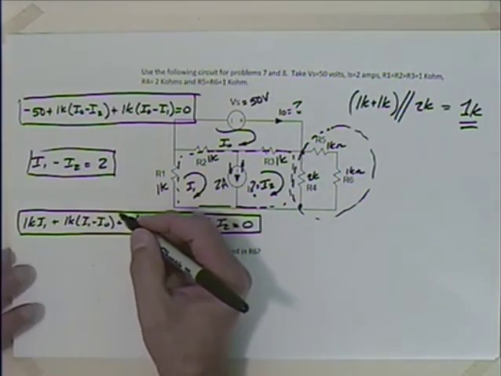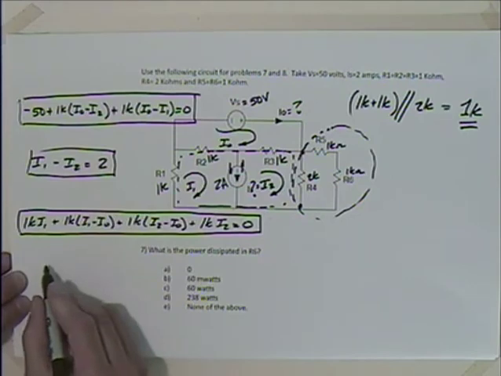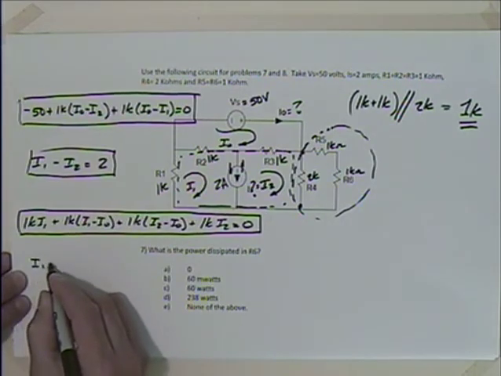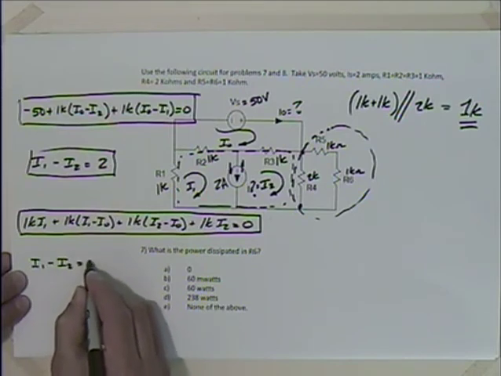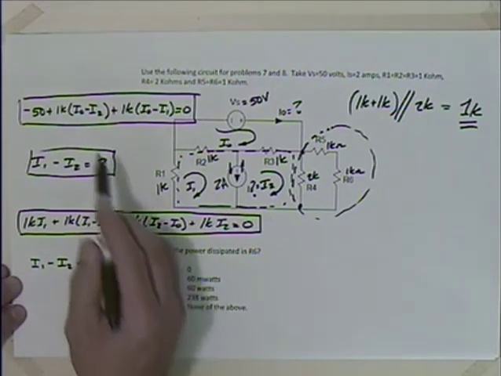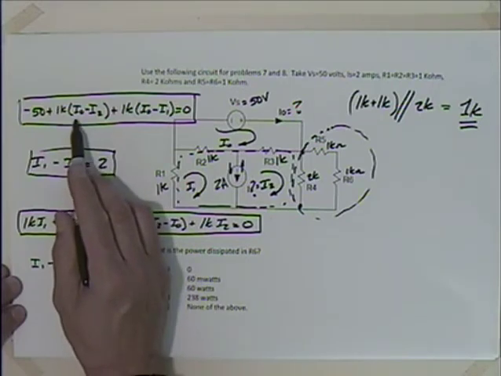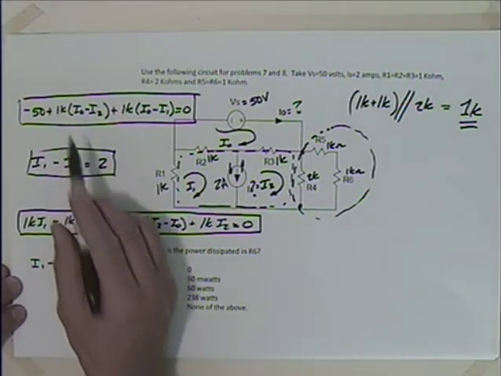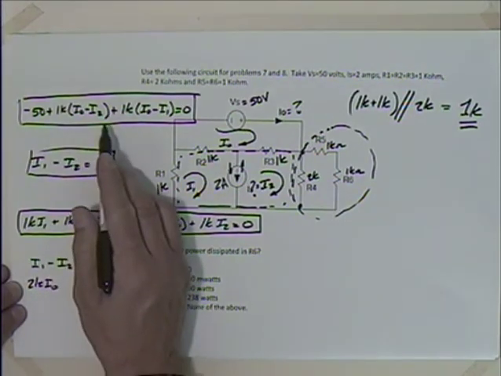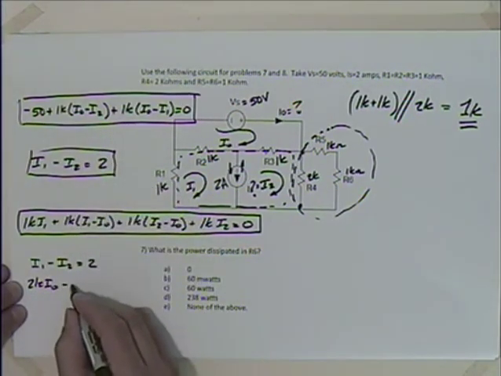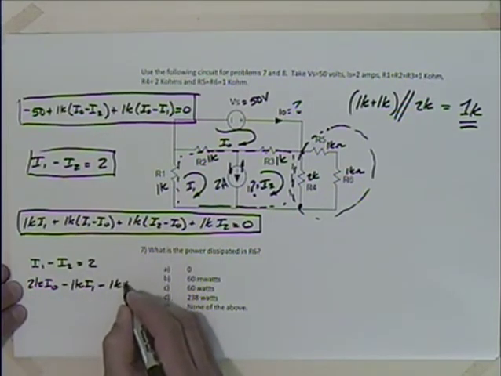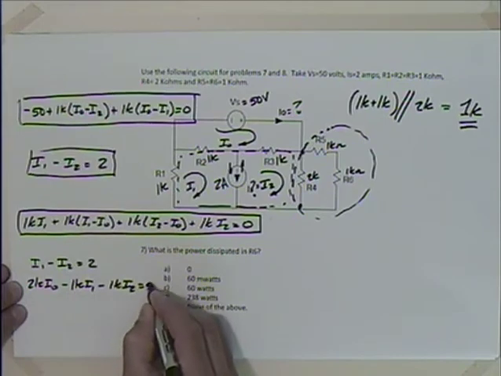So what would our equations be? Our equations, if we were to prepare them for matrix form, would be I1 minus I2 is equal to 2. That's probably the easiest one. And then if I look at this, how many I naughts do I have? I have 2K I naught minus 1K I1 minus 1K I2 is equal to 50.